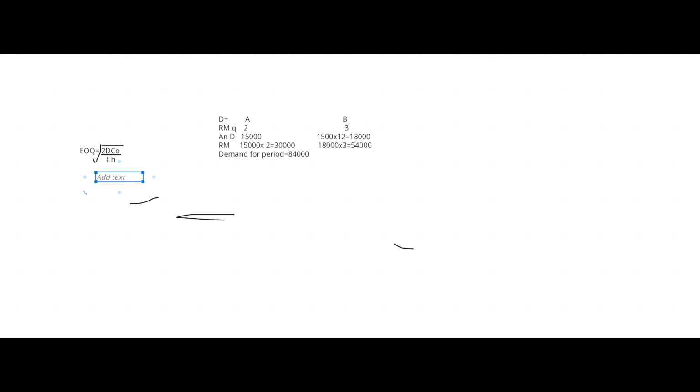Multiplied by the ordering cost 2,400, divided by 120 holding cost per unit per year, and take the square root.